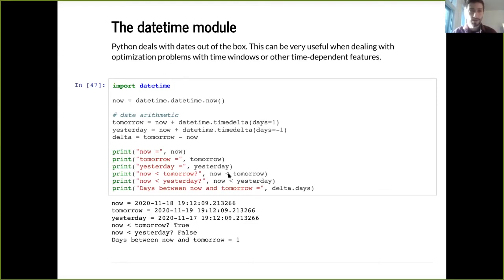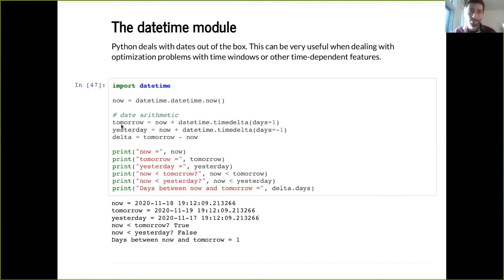as Python. So here is an example where I import the datetime module, and I want to know what is the current datetime. This will give me the date and the hour, minute, and second for the present moment. So when I executed it, it was 2020, November 18, 19 hours, 12 minutes, and 9 seconds, and you have lots of precision on your seconds here. And the nice thing is that now is a datetime object, and I can perform date arithmetic on this object.